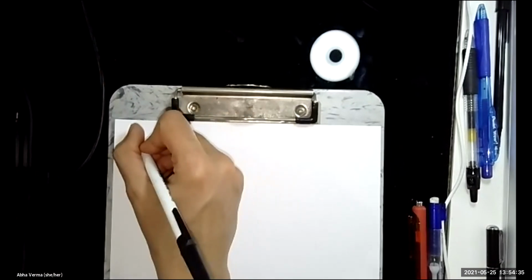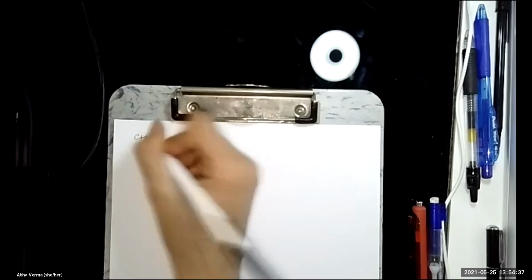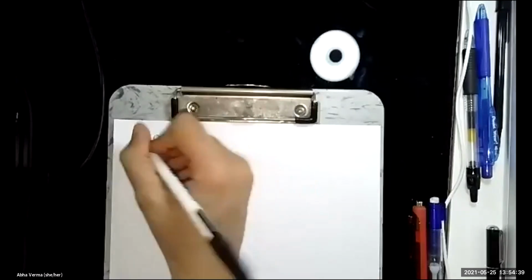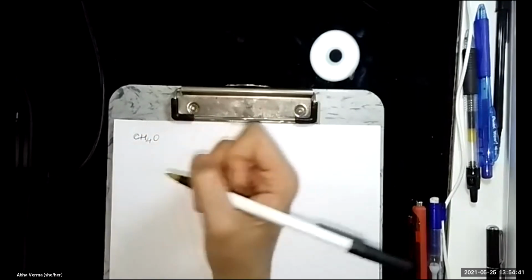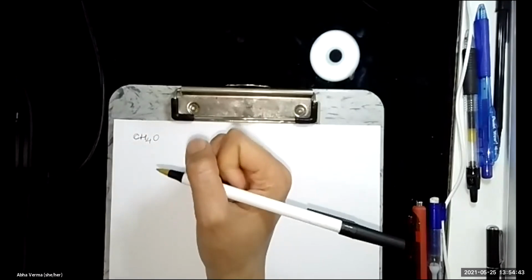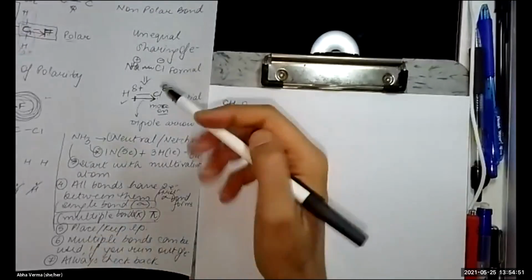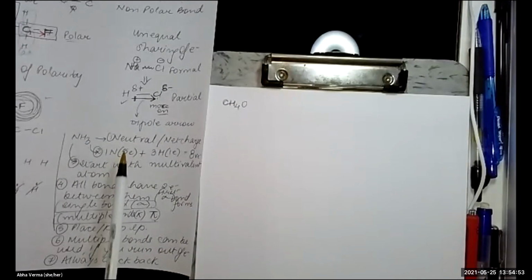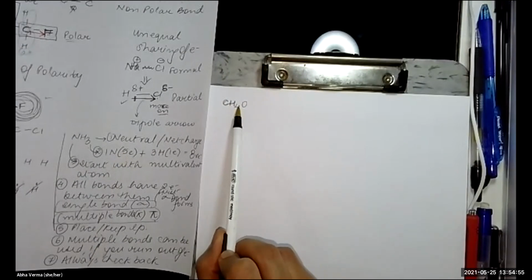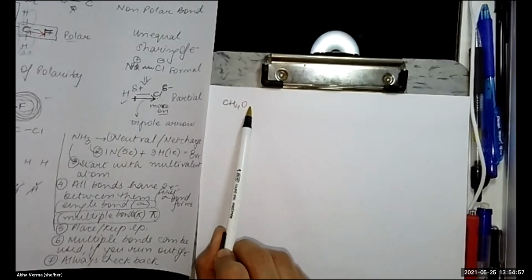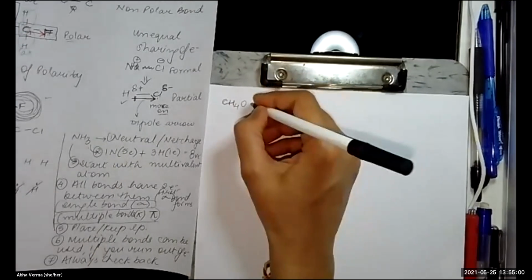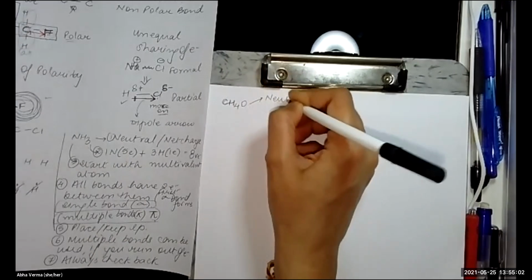So let's try CH4O. If I compare it with my notes, what is the first thing that I must look at? Is this a neutral molecule or is there a net charge on it? It is a neutral molecule.